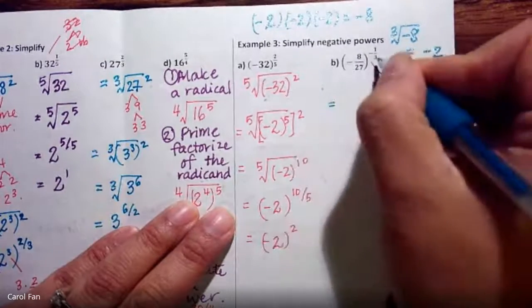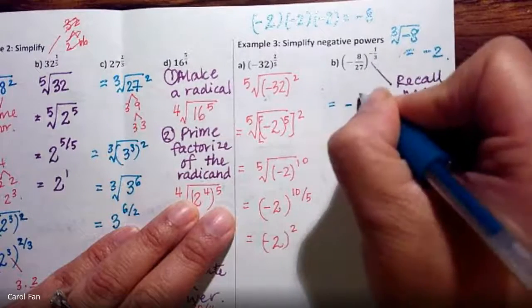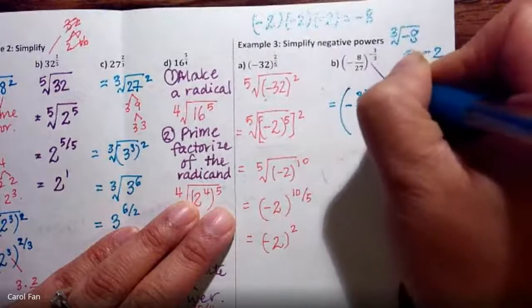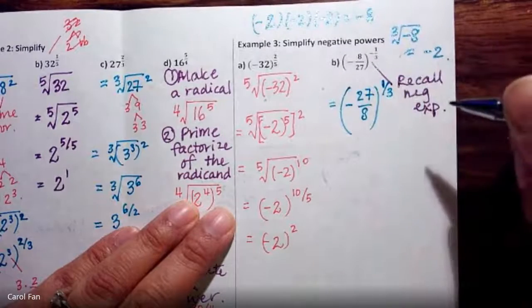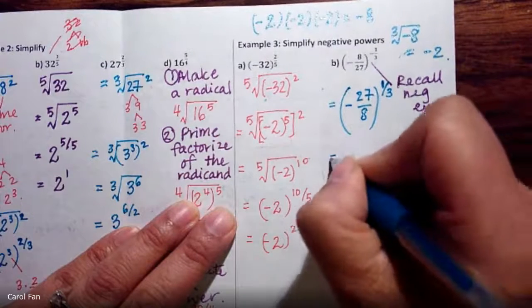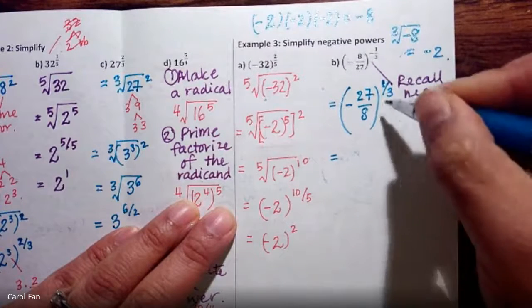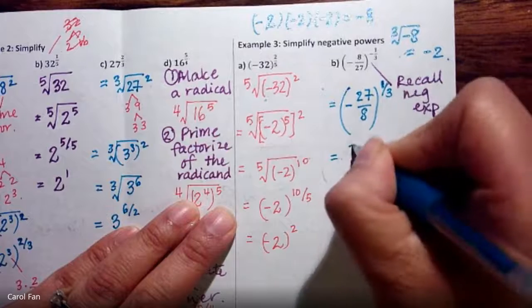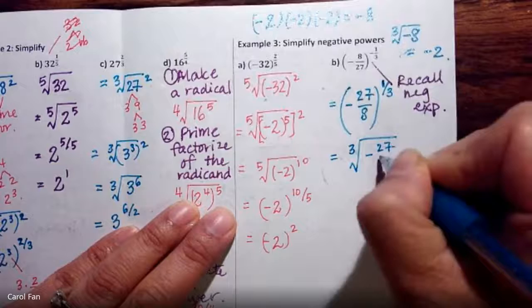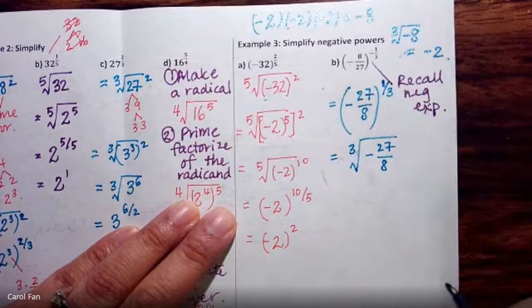So let's flip it first. So negative 27 over 8, and this is to the power of 1/3, positive 1/3. Let's rewrite this as a radical. So I have the third root of negative 27 over 8.